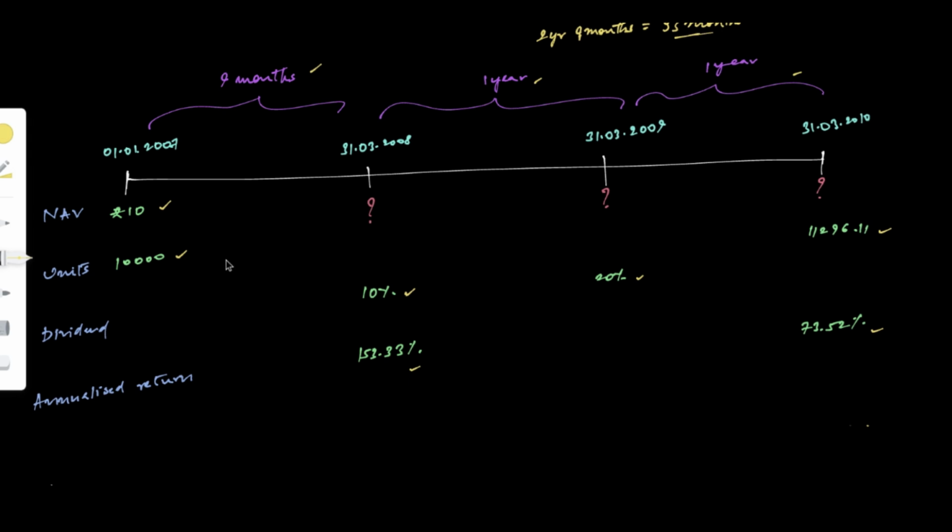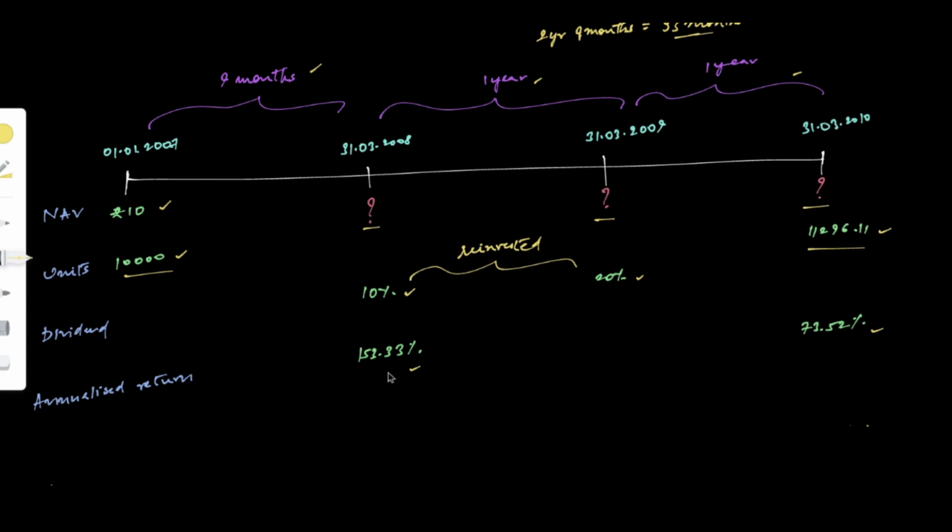If you see, the total number of units increased from 10,000 to 11296.11. How did this increase? The only way this must have increased is when X received dividends and those dividends are reinvested. Now, how do we find out NAVs on these dates? The first one is very clear.